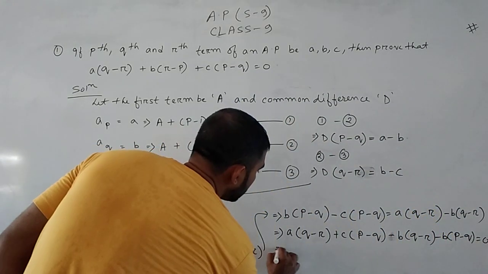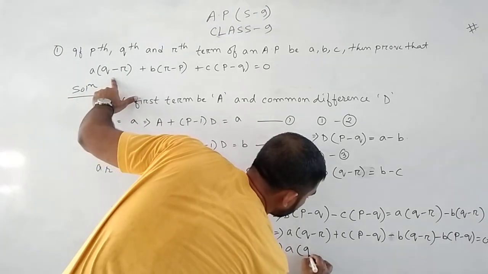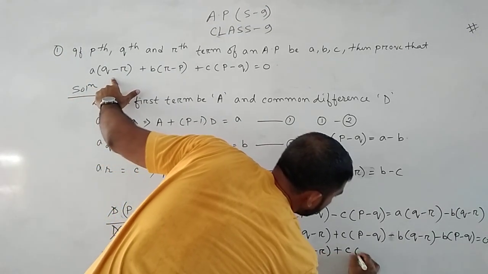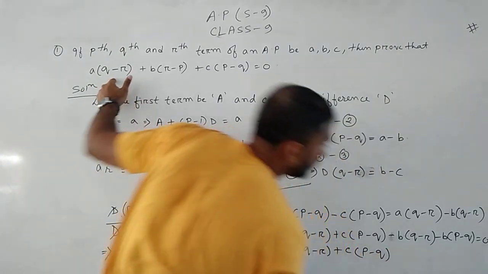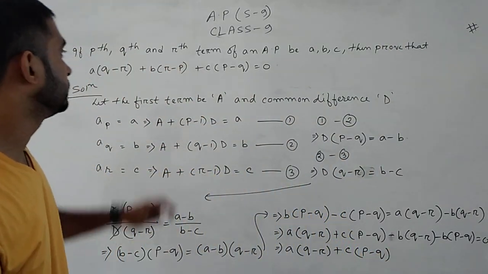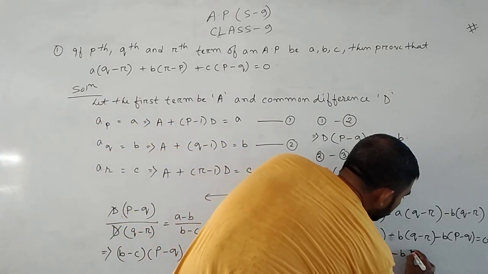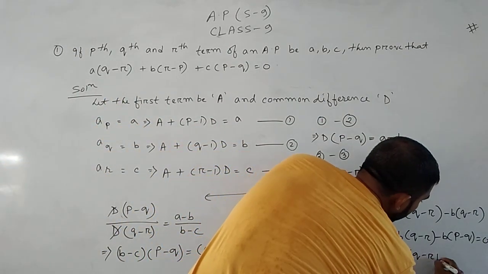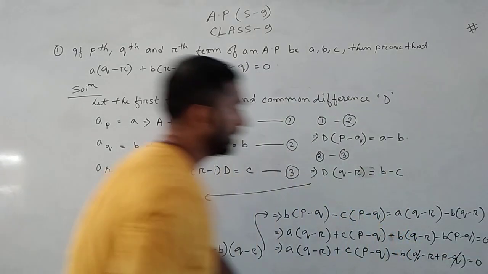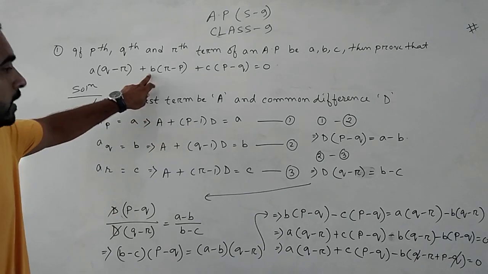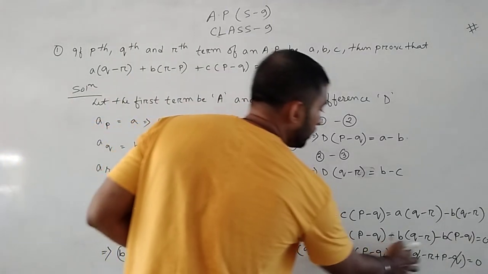0. So here a into q minus r plus c into p minus q. Okay, now here see, here the symbol is minus but here it is plus. So first take minus b common, q minus r plus p minus q equals 0. Minus q plus q cancel. Here it is plus b into r minus p, and here minus b into minus r plus p.